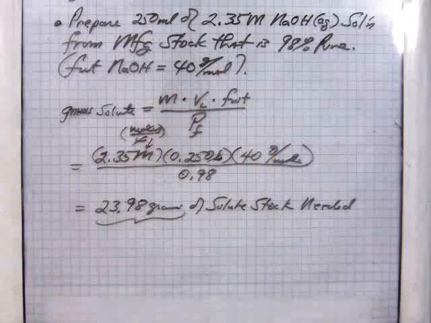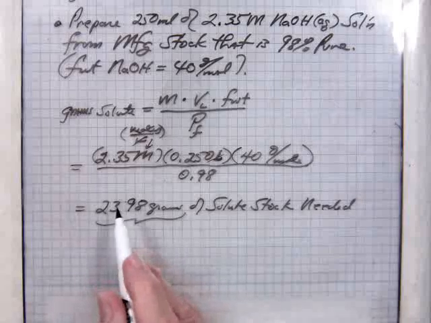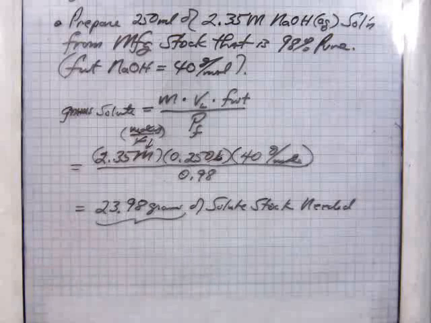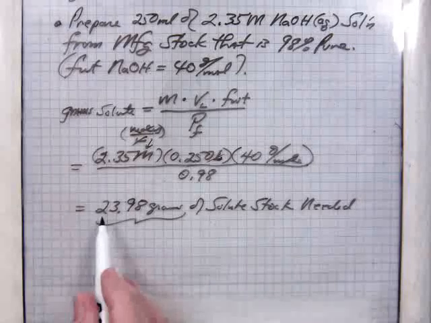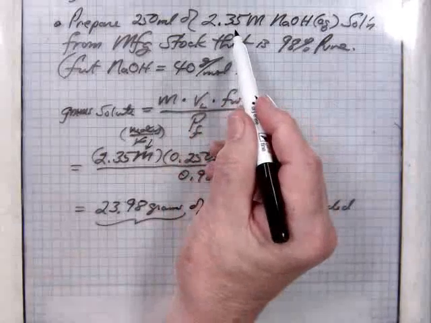I'll show you in a minute how to make that adjustment. But let's say you just put in more or less than the 23.98. How do you go about calculating the concentration of the sample? If you did hit 23.98 and dilute to 250, you would have 2.35.